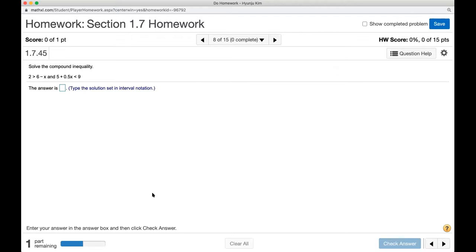So we're going to find a set of such numbers. Let's see. Oh, give me a second. Okay, right there. 1.7, linear inequalities.